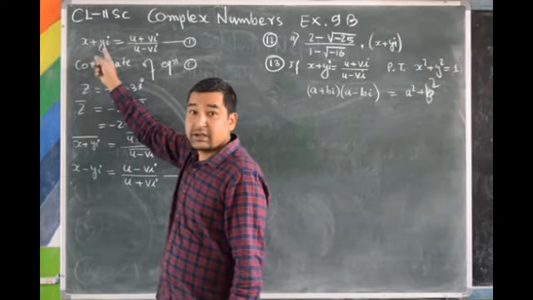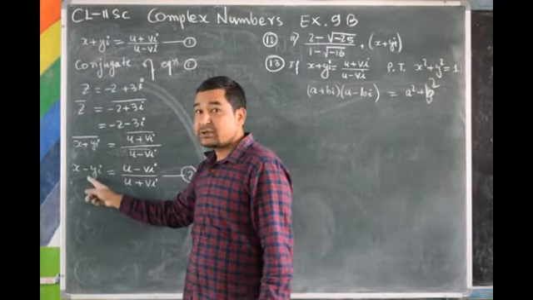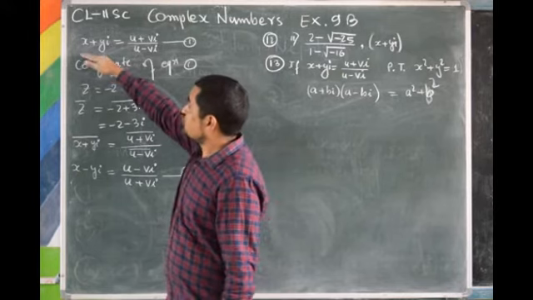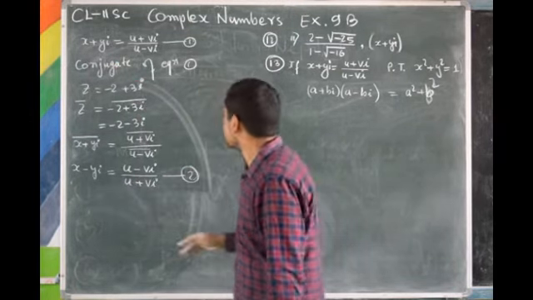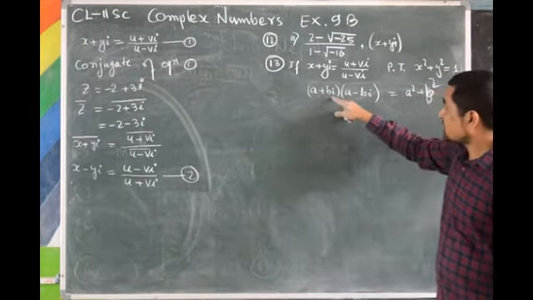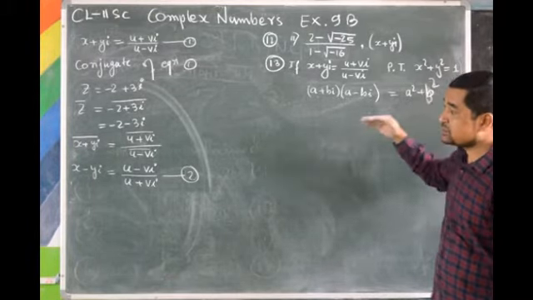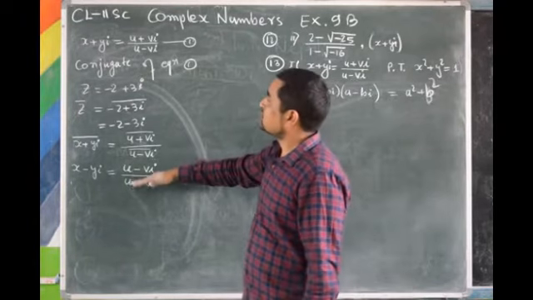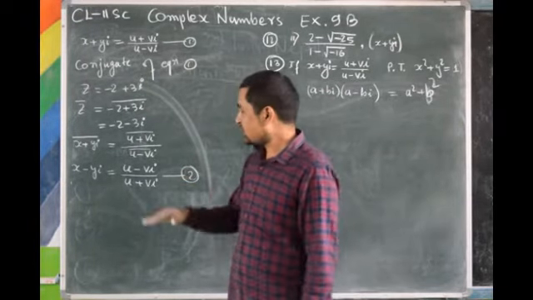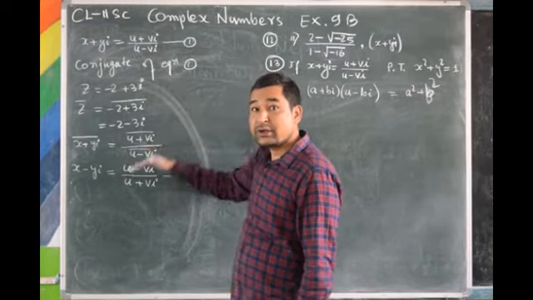If you multiply a plus b and a minus b, we get a square plus b square. That means we need to multiply these two equations.